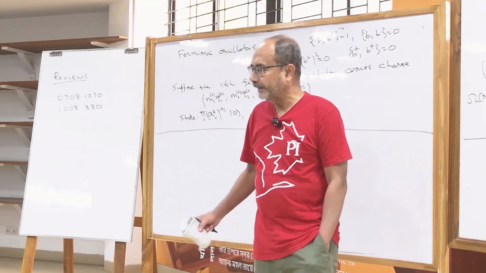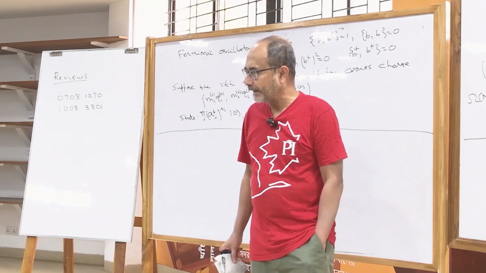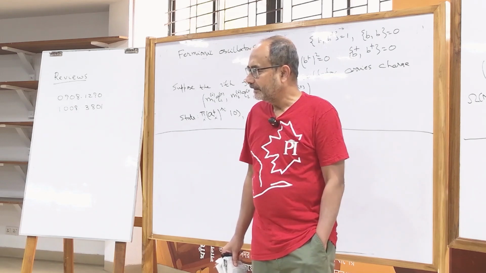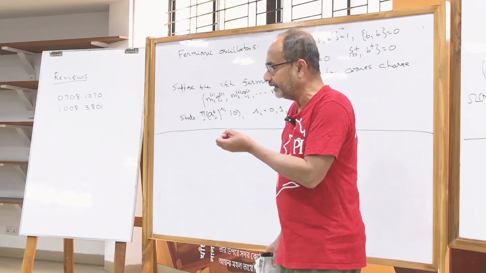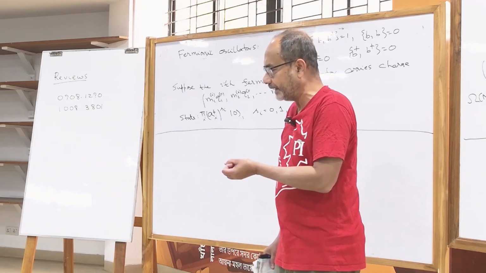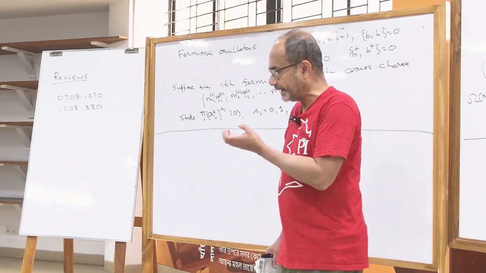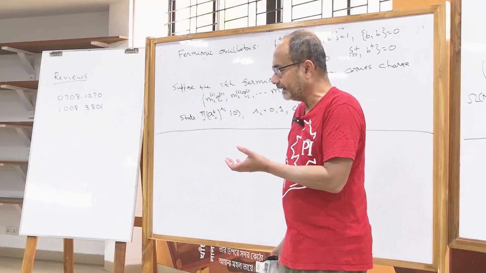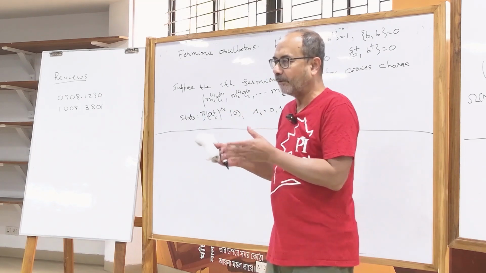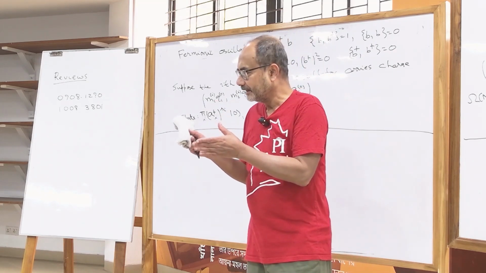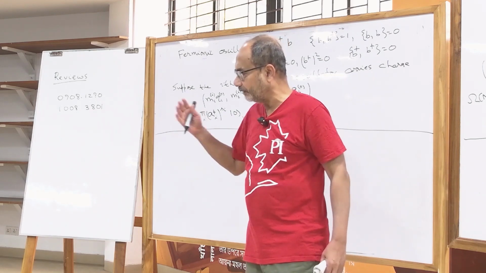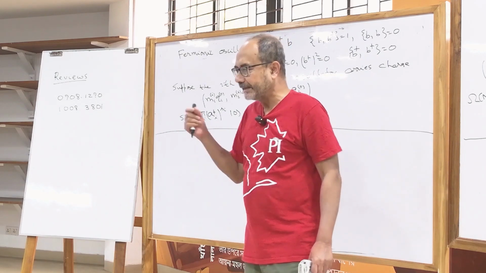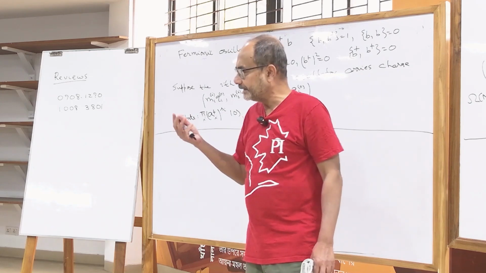Think physically in terms of field theory. A_i dagger on the vacuum creates one fermion out of the vacuum. So the state is fermionic. A_i dagger on the vacuum is a one-fermion state. Is that clear? Just think of quantum field theory: if you have a free fermion and you apply its creation operator on the vacuum, it's a state with one fermion.